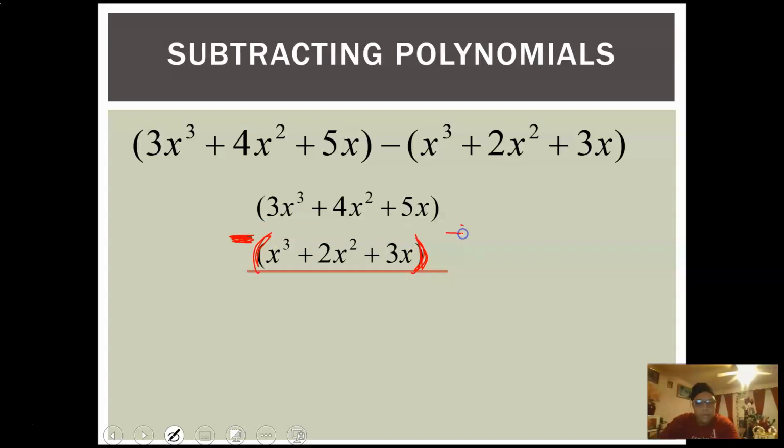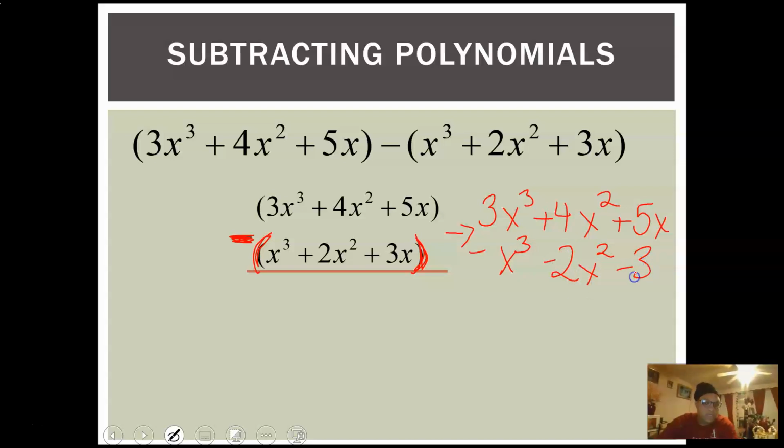So if I was to rewrite this, I would have 3x cubed plus 4x squared plus 5x, and then the opposite sign: my x cubed, which is positive, will now be negative x cubed. My 2x squared, which was positive, will now become negative 2x squared. It's still lined up with its like term. And then my 3x, which was positive, will now become minus 3x.